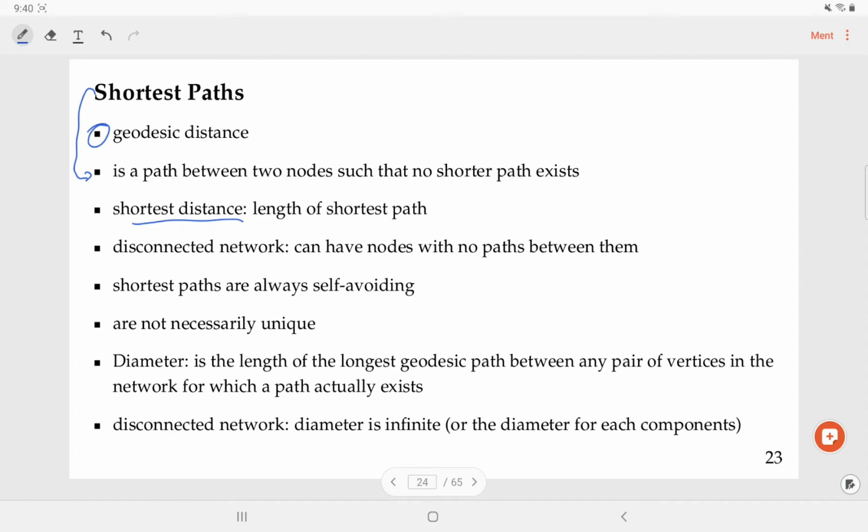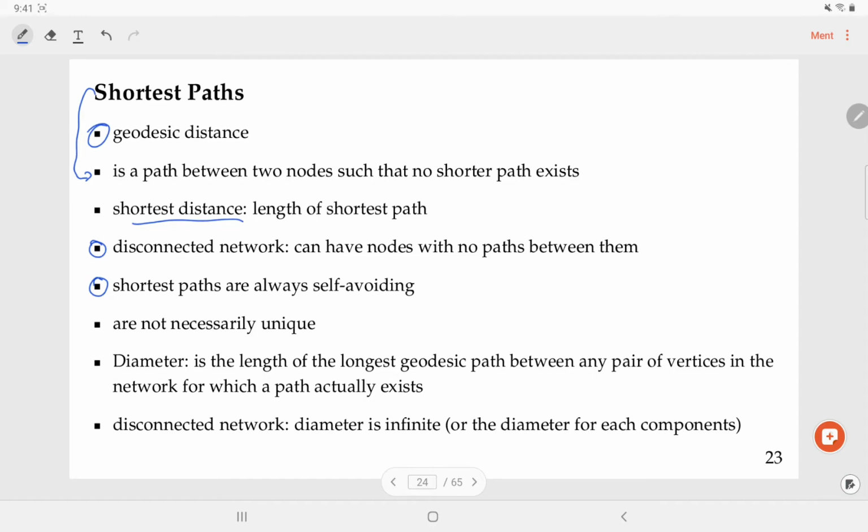Well, if the network is disconnected, so if it has multiple components, then of course it can have no path between some of the nodes. There is also a nice note here that shortest paths are always self-avoiding.